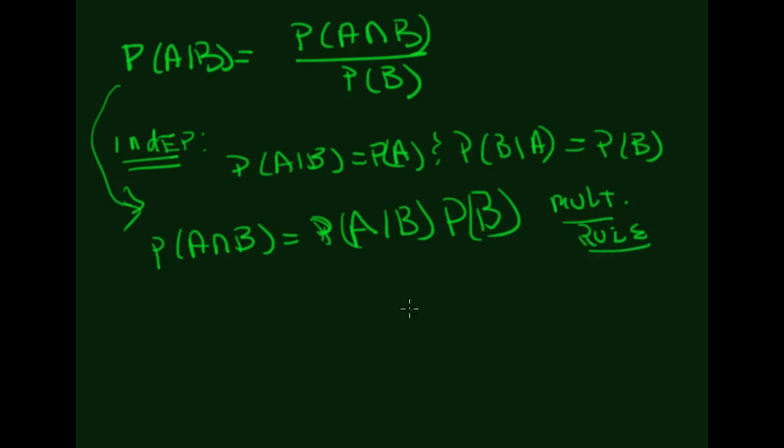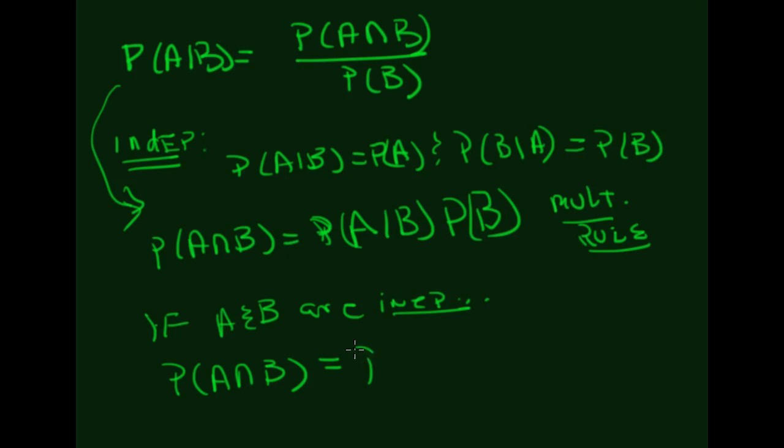And that rule gets simplified if A and B are independent. Then we can say that the probability of A and B is just simply the probability of A times the probability of B. And we're basically combining this rule with that statement, because then the probability of A given B is the probability of A. Put that in there and you drop down to this.